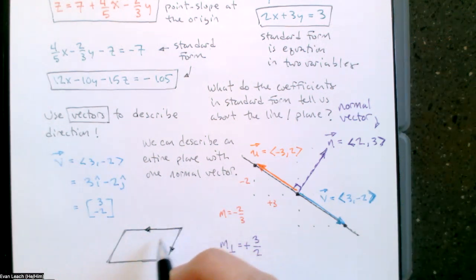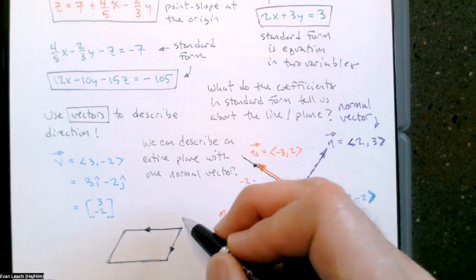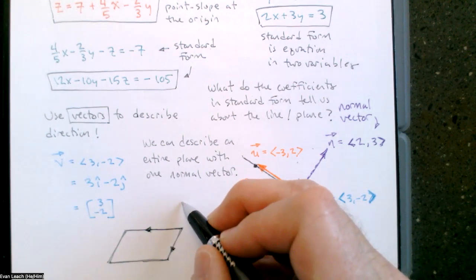So we can say the plane is every combination of these two vectors, or we can describe it as everything perpendicular to one normal vector.